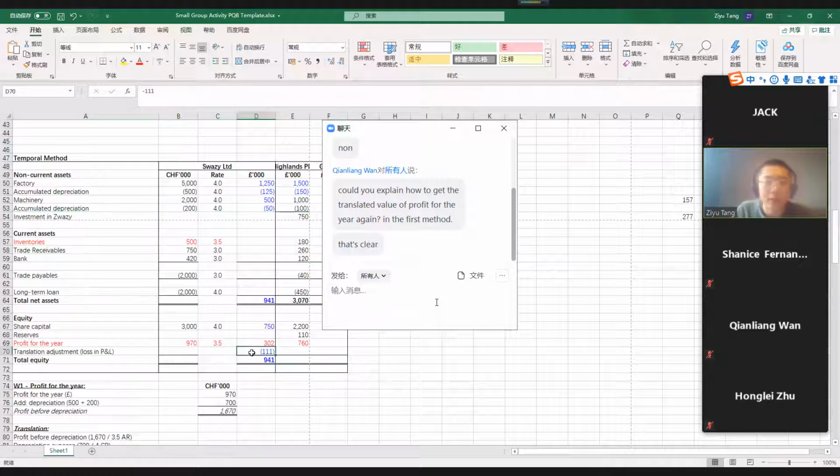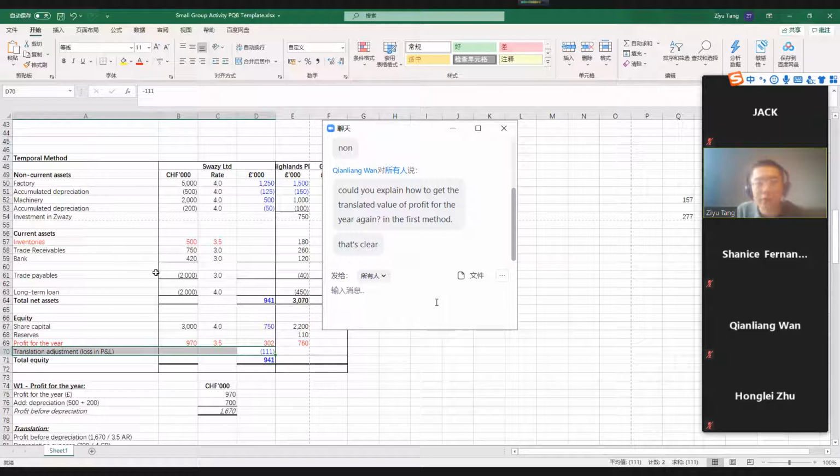And you need to prepare the translation adjustment. This is also a detail to make the balance sheet balanced. If you forget this adjustment account, then your balance sheet will be unbalanced. Like here will be equal to 941, here will be 1,000 something. So just remember you need to make an adjustment here. And also how to separate the monetary assets and non-monetary assets. Okay, so those are some details.